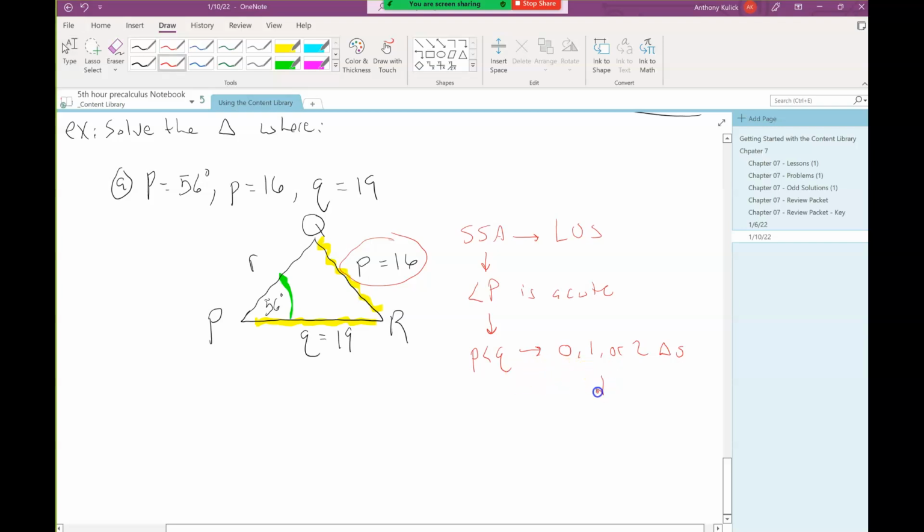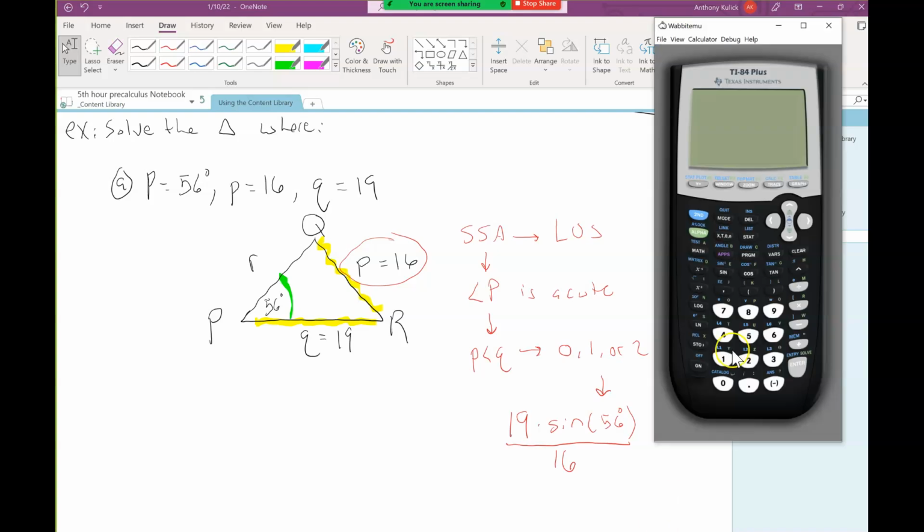So the next thing I need to do to figure out which one it is, I'm going to do the longer side times sine of the given angle divided by the shorter side, and type that into my calculator.